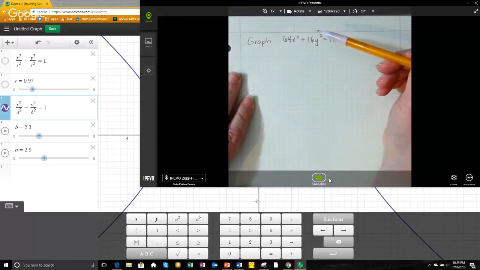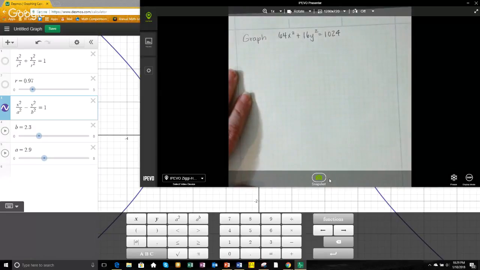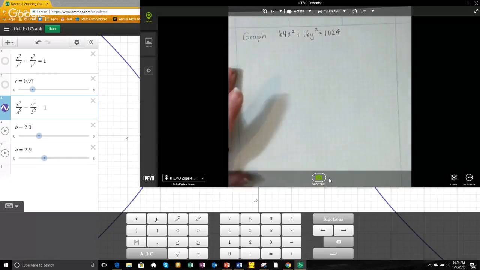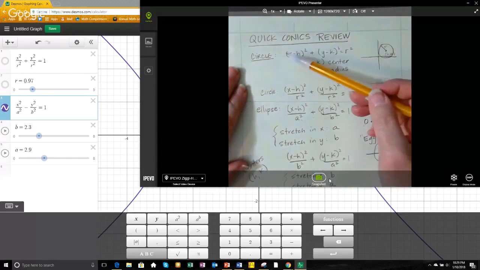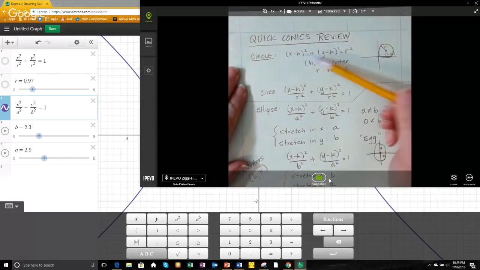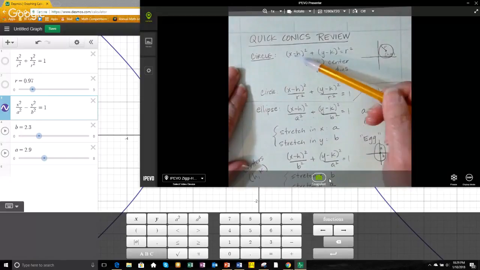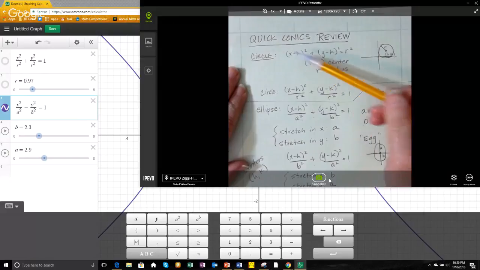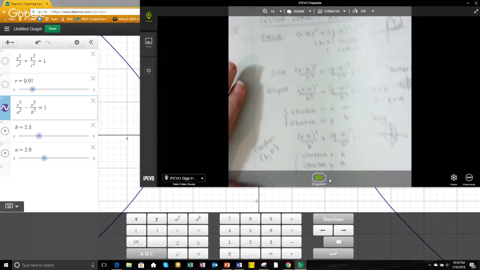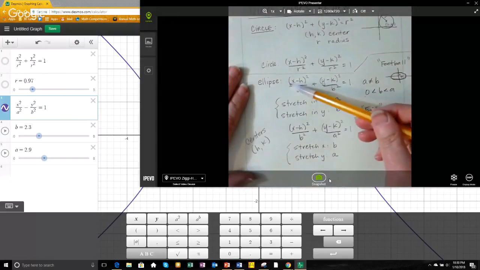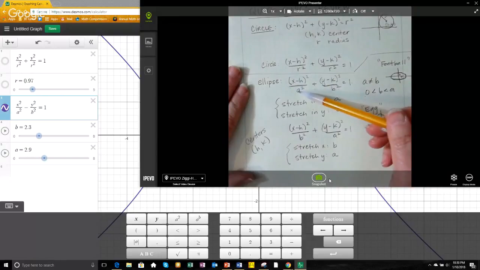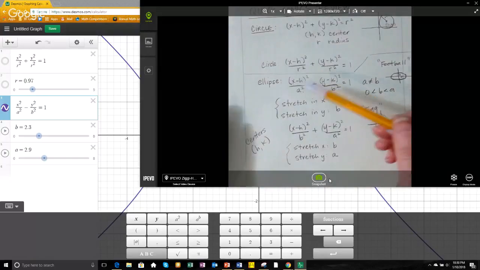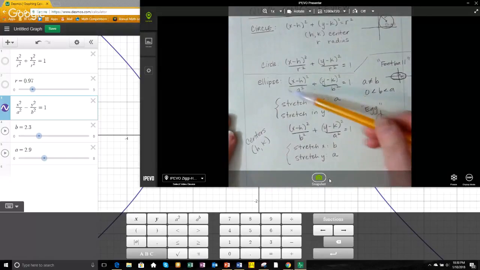With circles, if you'll notice, I'll go back to that page real quickly, the number in front of each of these quadratics is 1, and they're the same. If you look at an ellipse, it's 1 over a squared in front of the x, and then 1 over b squared in front of the y. So the numbers are different in front of each of these.